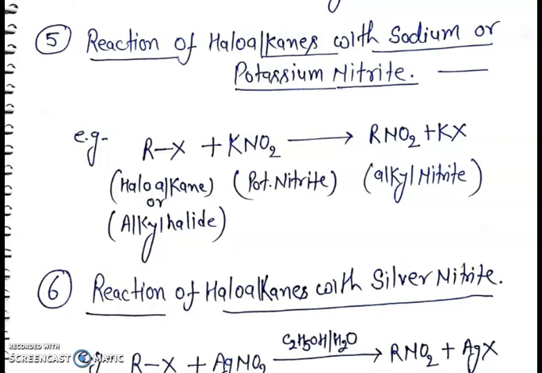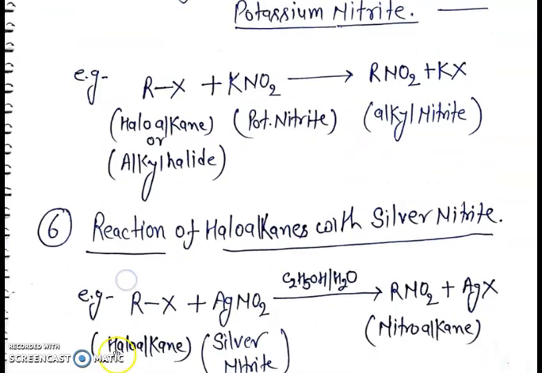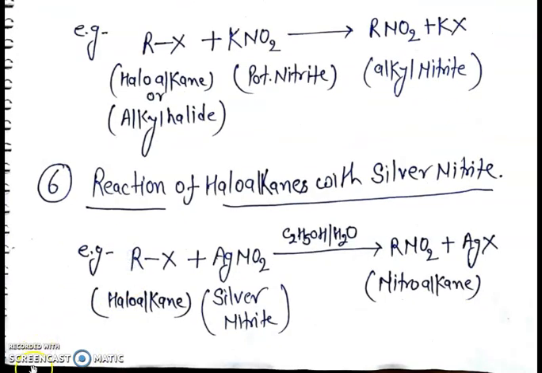Fifth, reaction of haloalkanes with sodium or potassium nitrite. The general reaction is given when haloalkane reacts with potassium nitrite to give alkyl nitrite. Sixth, reaction of haloalkanes with silver nitrite.